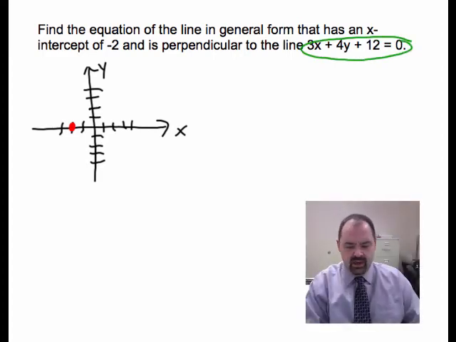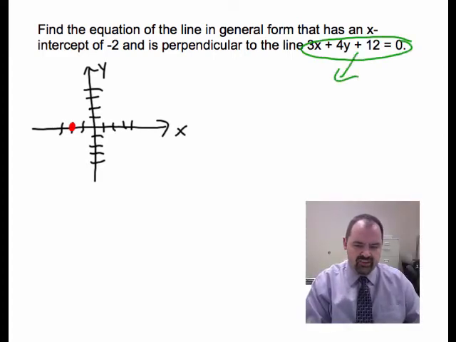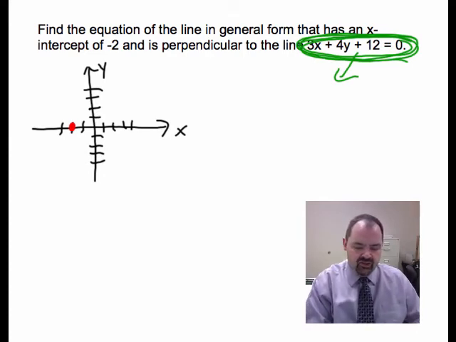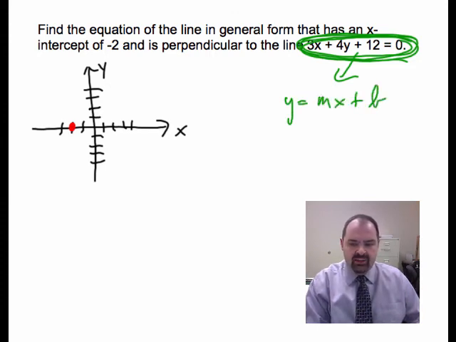Alright, so it would be helpful, I think, to know what this line looks like. And so I'm going to do a little sketch of this, and there's a number of ways I could sketch this. I could calculate its x and y intercepts. I could also arrange the equation in the form y equals mx plus b. And that would allow me to know the slope and the y-intercept, which might be handy for another part of the question.